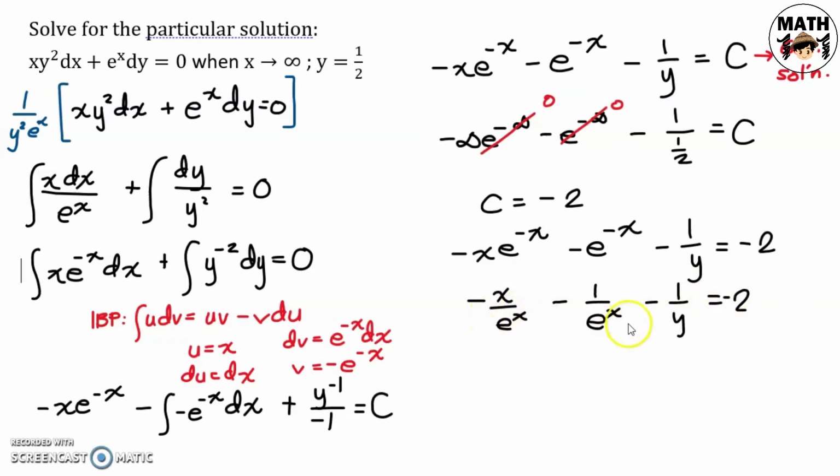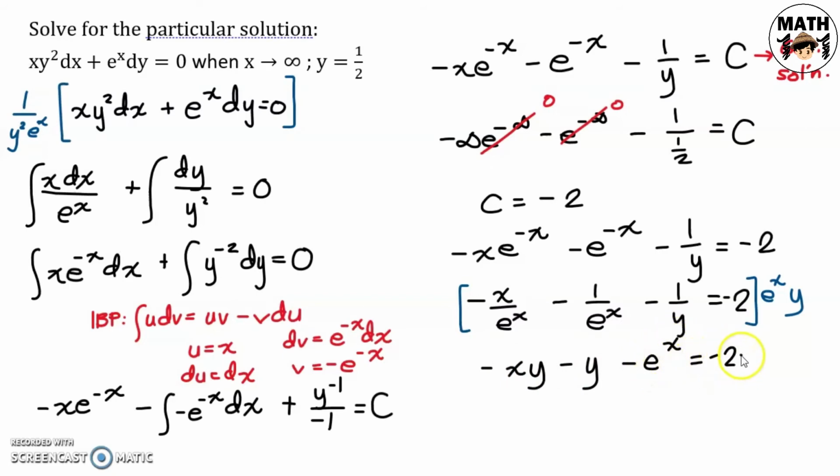Usually din, wala tayong denominator. So, multiply natin by the common factor para ma-eliminate natin yung denominators. So, e raised to x and y. We have here now negative xy minus y minus e raised to x equals negative 2 e raised to x y.